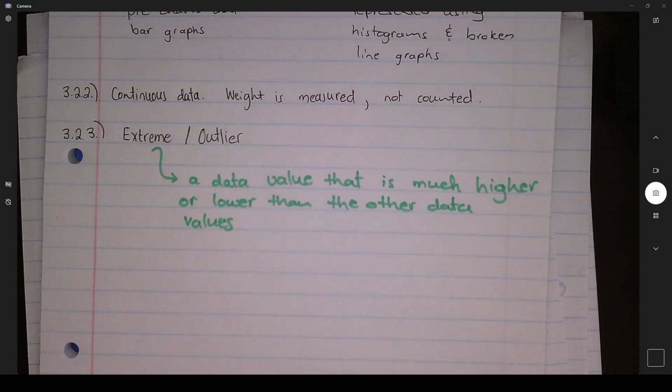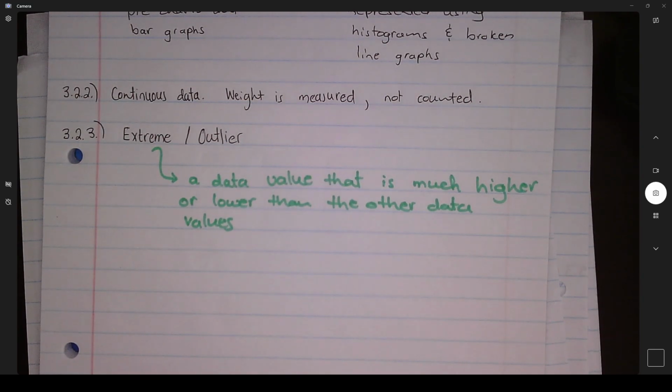A common example of an extreme would be if the majority of the class get between 60 and 70% for a test, and one person gets 35%, or one person gets 98%. Those are both extremes. They're very far apart from the rest of the data values.